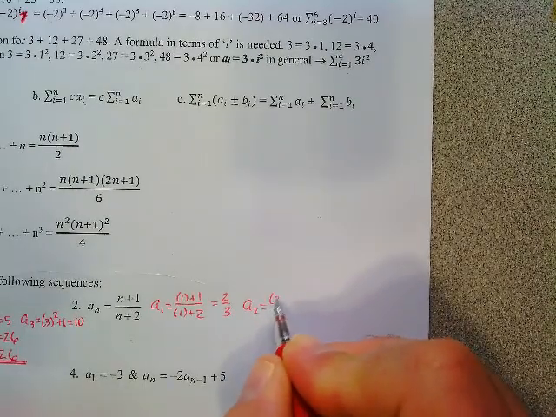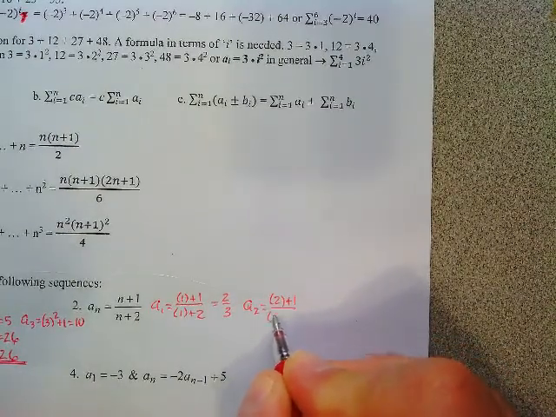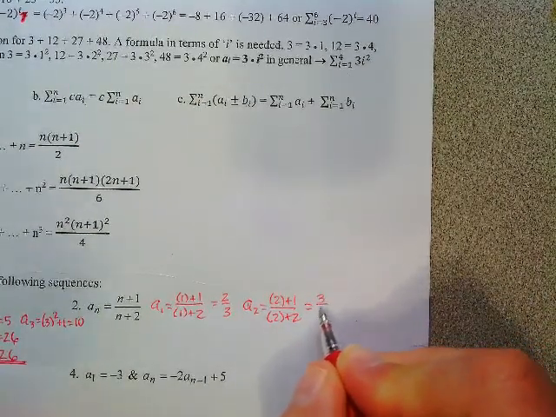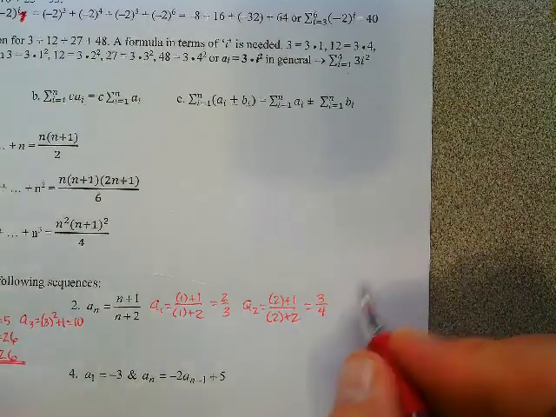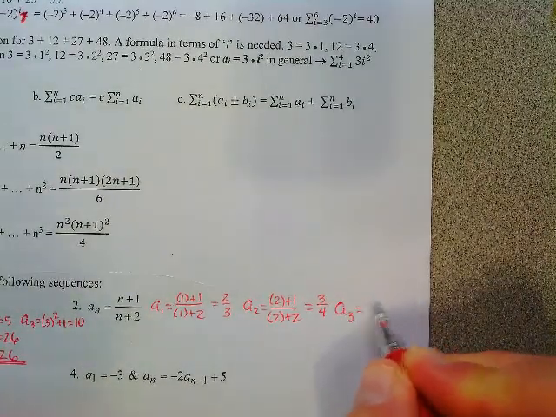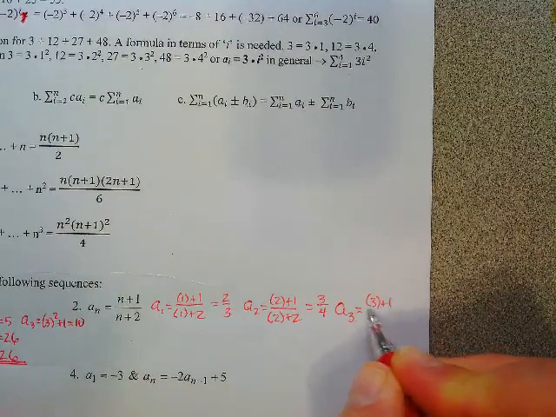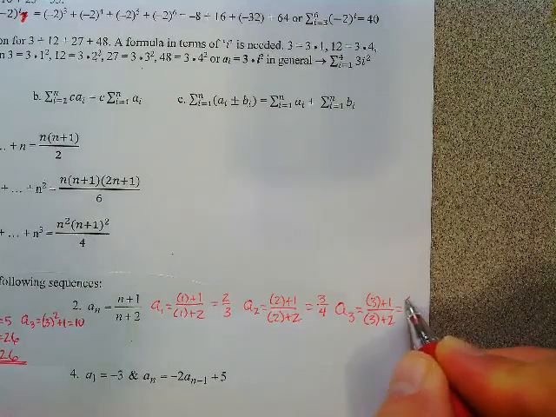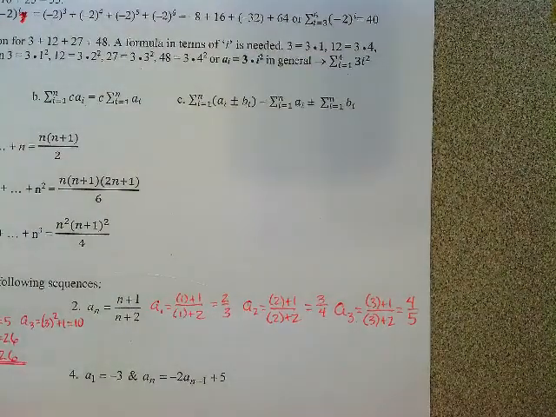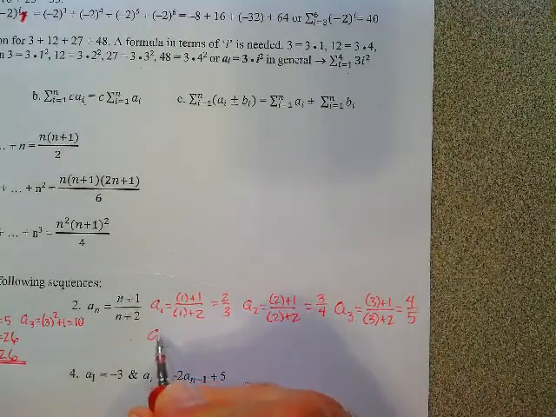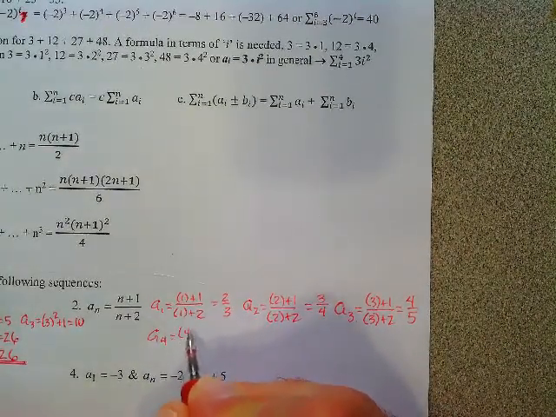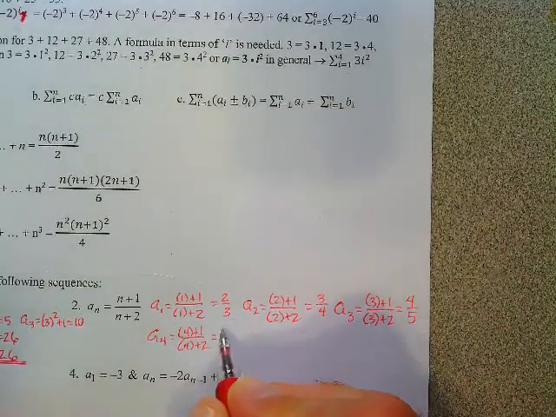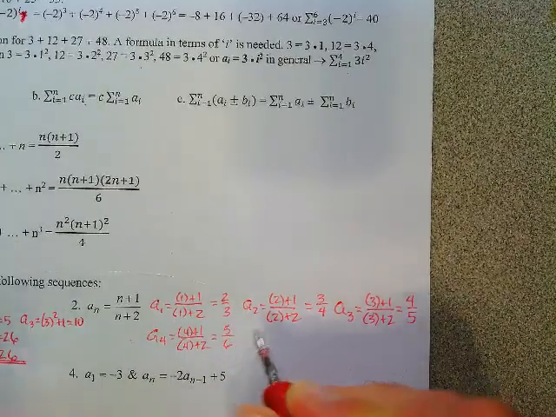a2 is 2 plus 1 over 2 plus 2, which is 3/4. a3 is 3 plus 1 over 3 plus 2, which is 4/5. a4 is 4 plus 1 over 4 plus 2, which is 5 over 6.